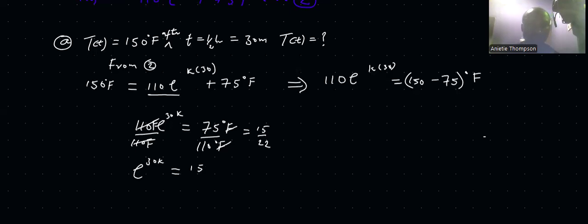Therefore, introducing log of base e to both sides, if you do that, we can eliminate this, and we will have log of e to the 30k equals log of base e of 15 over 22, which is the number in this case.